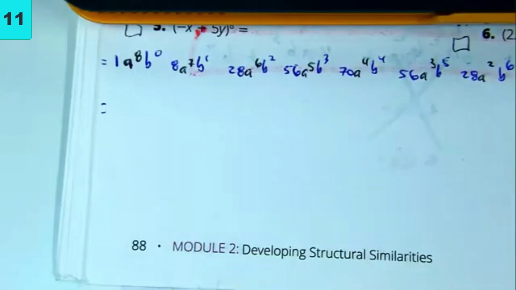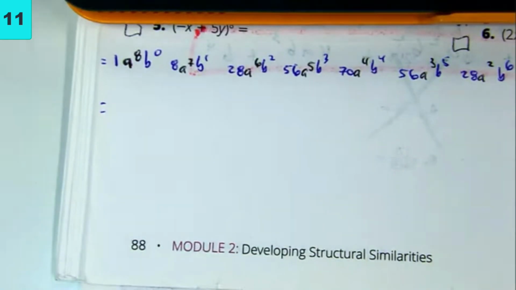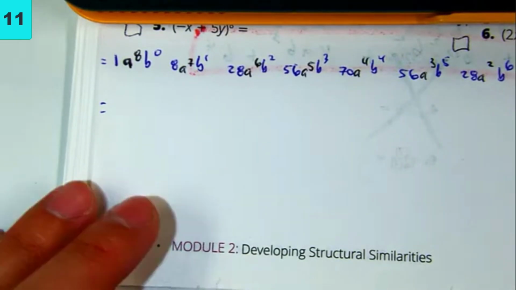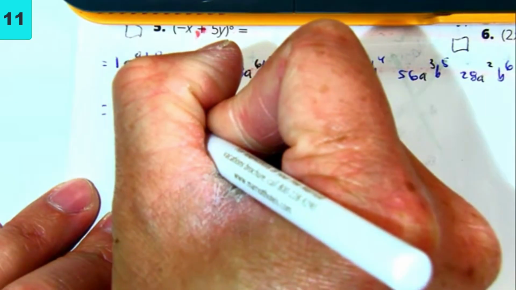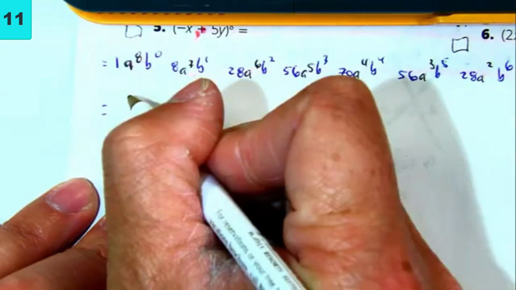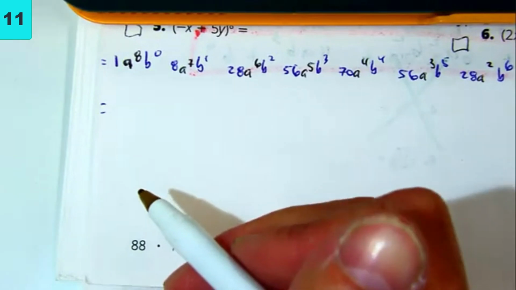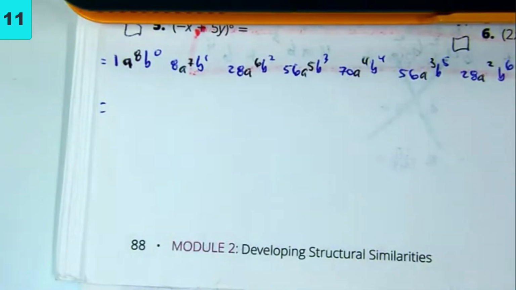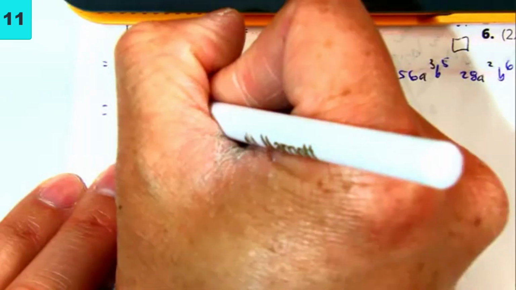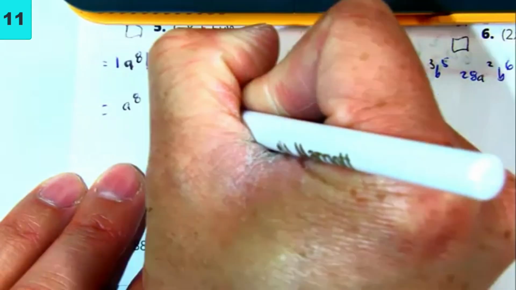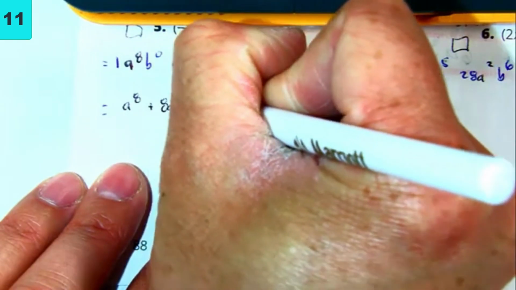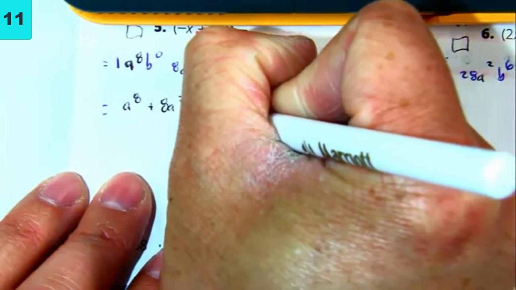Okay, now we're just going to simplify. Remember, we're not going to write the ones, and b to the 0 power we learned yesterday is 1. Mariana, go ahead and simplify for us and also put in your plus signs. Sebastian? 8a to the 7th b. Remember, we're not going to write the 1.